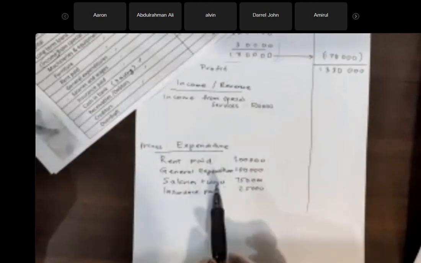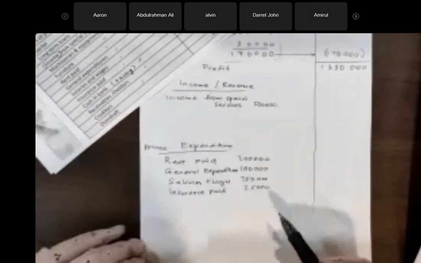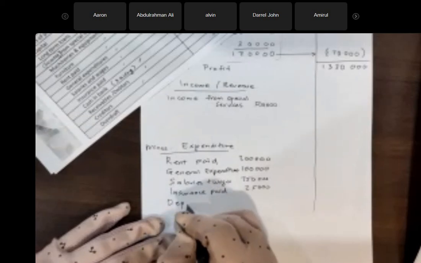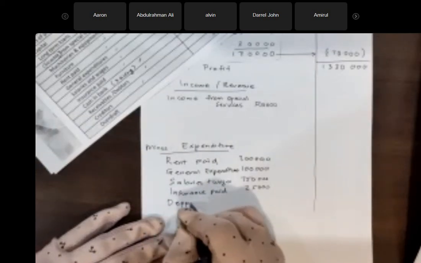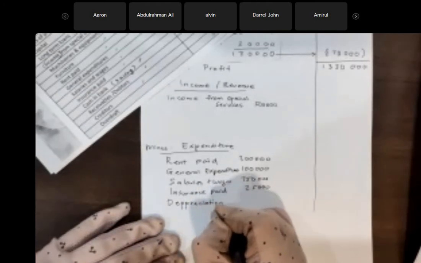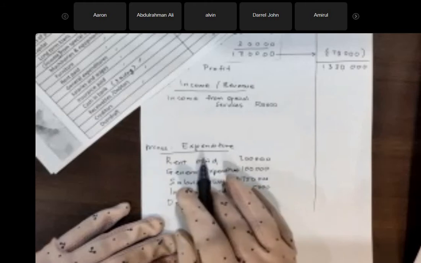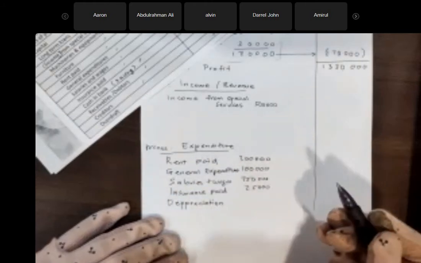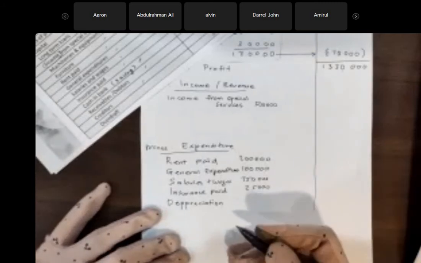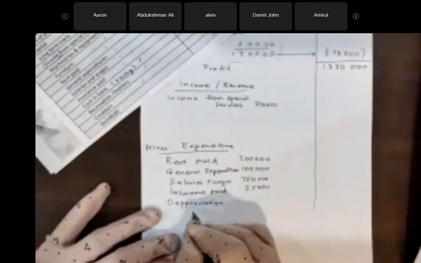It is under expenditure. Depreciation is susut nilai. We will consider this depreciation as an expenditure, as expenses. Perbelanjaan. That is the condition in accounting.